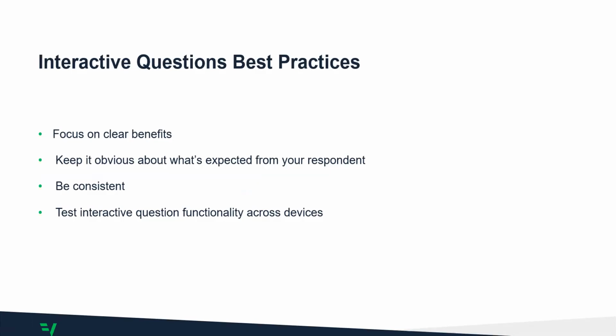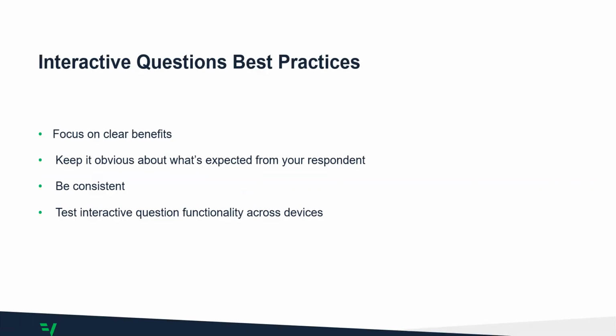Secondly, make sure the respondents will know what you expect of them. When you put an interactive question in a survey, you might be introducing a new type of survey task that the respondent may not be familiar with. So it needs to be very clear what the appropriate way to answer or interact with it is.